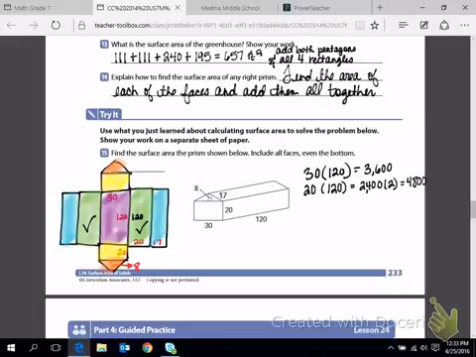Now if you take a look at the blue sections, that is 120 by 17. Which is 2,040.